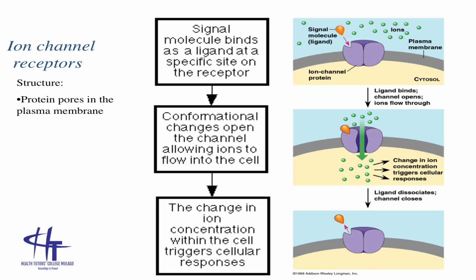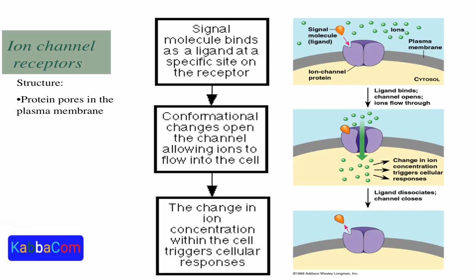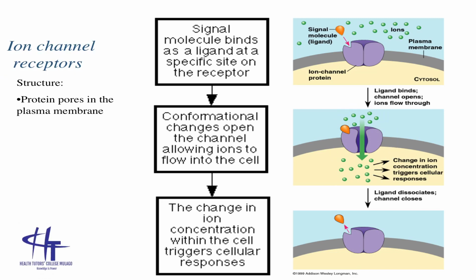So there is an ion channel, and once this drug binds to this ion channel, then this ion channel opens to allow flow of ions, and these ions might be sodium ions or they might be chloride ions, as we are going to see in examples of these drugs.